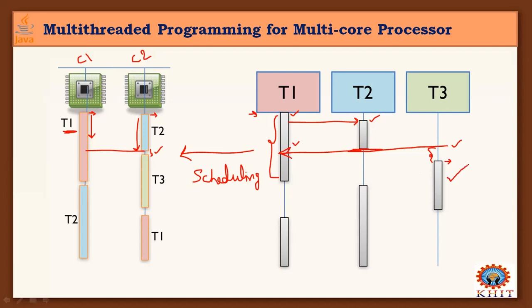So this T3 part of the thread is scheduled and dispatched to core 2 for execution. So T3 started execution, right? Like this.